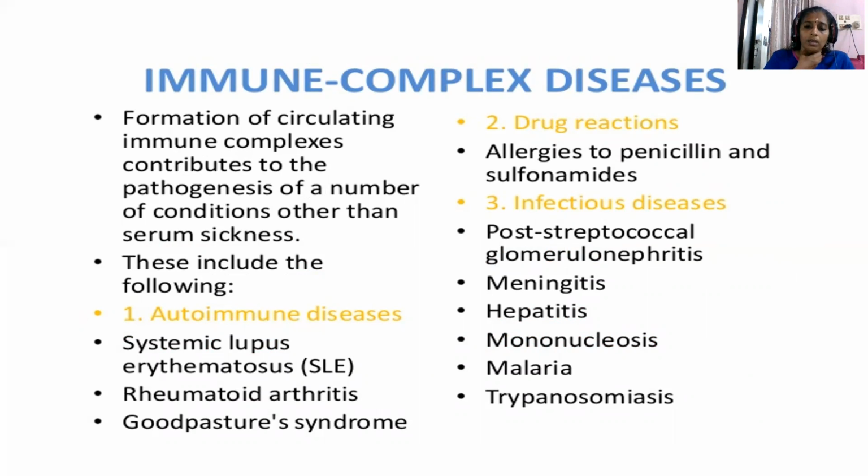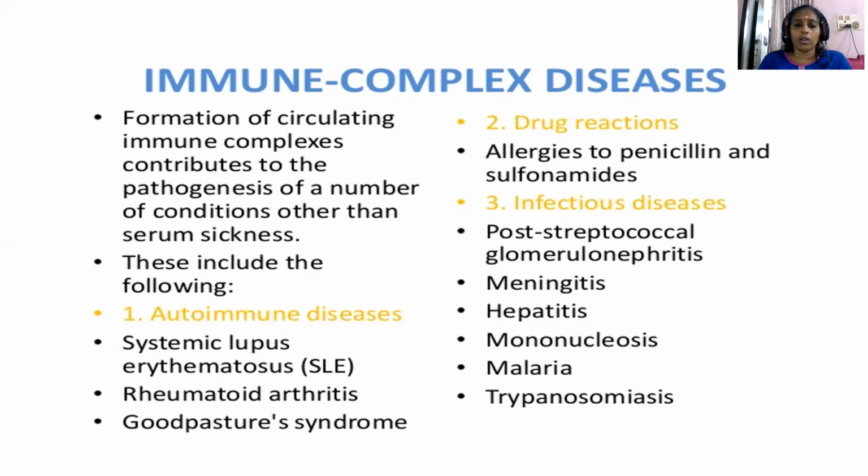Systemic lupus erythematosus is another immune complex reaction. Rheumatoid arthritis is another immune complex disease, and Goodpasture syndrome is also considered an immune complex disease.